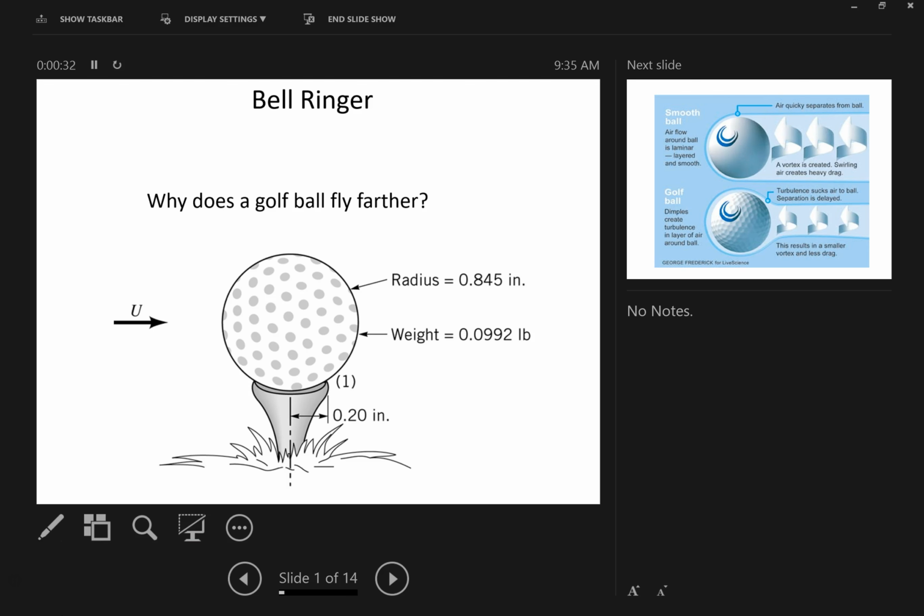What if I drew the streamlines, if this ball was moving this way? There's not many stagnation points. There's less thickness behind it. You're getting on the right track. When the dimples bring the flow back closer, it doesn't create this big wake back here. It creates a smaller wake with the dimples.